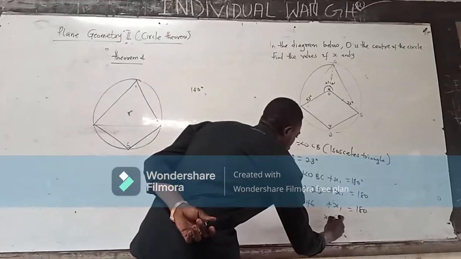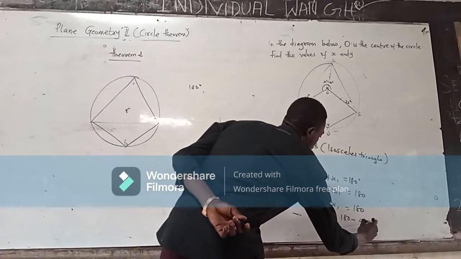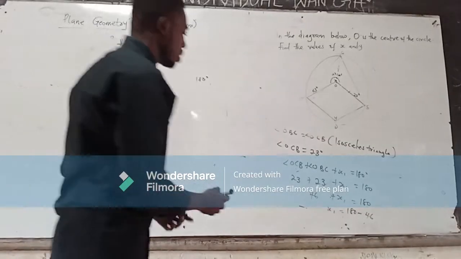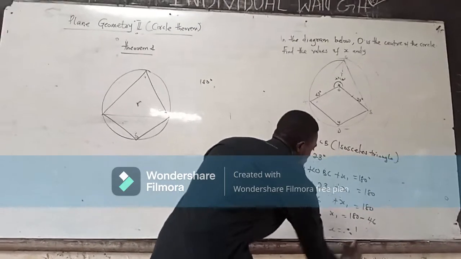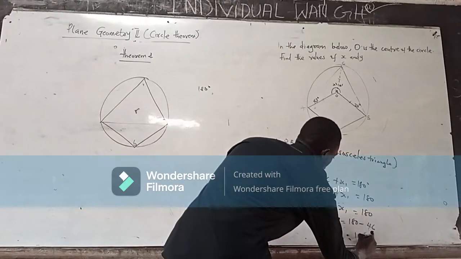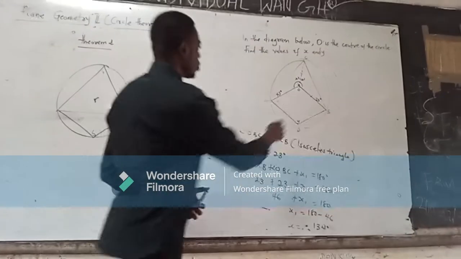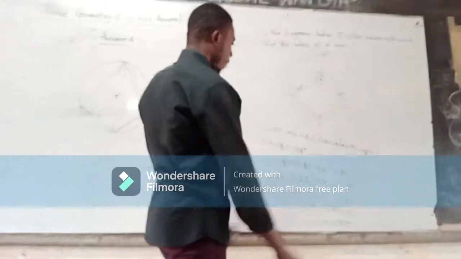Group items, x1 is equal to 180 minus 46. So you are going to get what? So x1 is going to be 134. So now here that you have is 134.